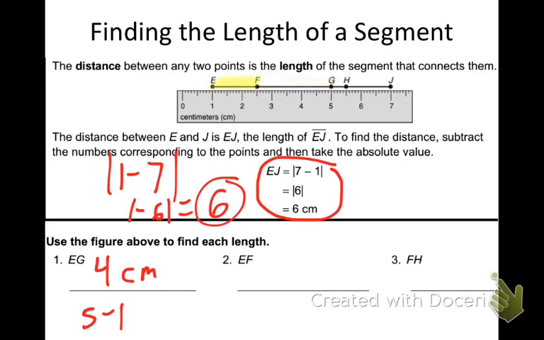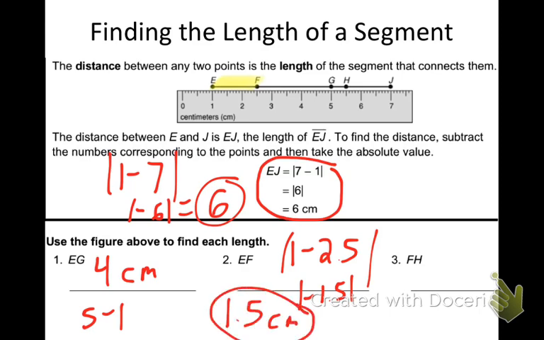Number 2, I want to do EF. How would I find the length of EF? Take 1 minus 2.5, absolute value. So 1 minus 2.5 is negative 1.5, and the absolute value gets me 1.5. Nice job.